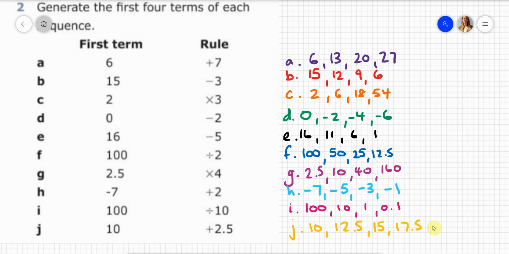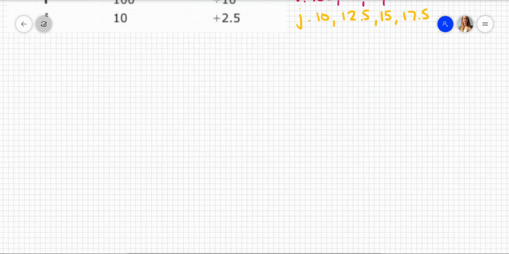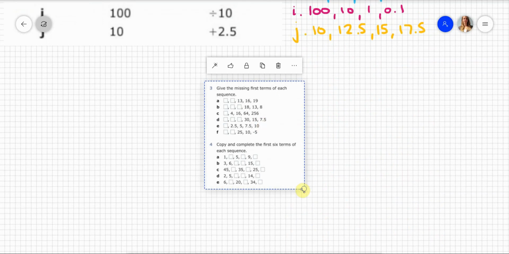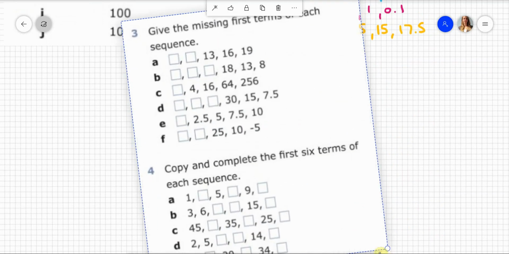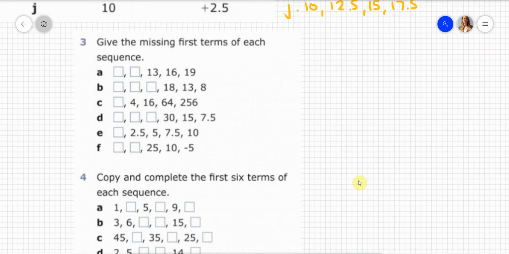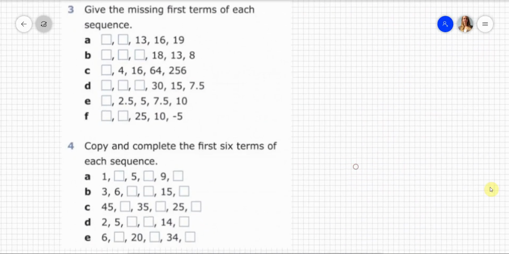Okay, finally, I'm going to go through questions 3 and 4. And this just involves filling in the missing terms. So, to fill in the missing terms, we're going to need to figure out what the rule is.